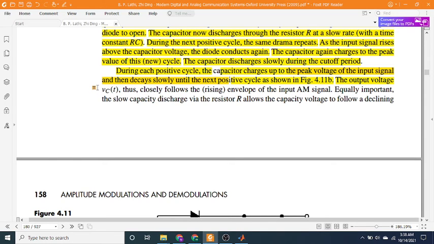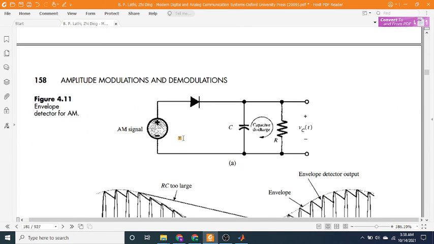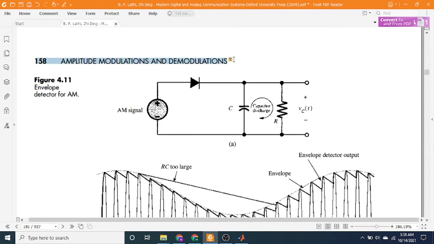The output voltage vC(t), thus, closely follows the rising envelope of the input AM signal. Equally important, the slow capacitor discharge via the resistor R allows the capacitor voltage to follow a declining envelope.